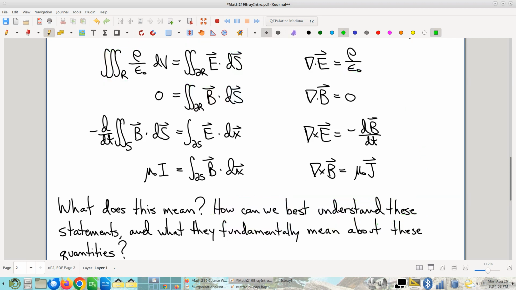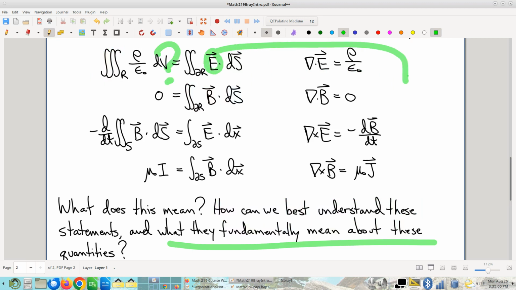And then furthermore, how does this statement help me understand electric fields? Well, it turns out that there are some really valuable points of view that you can take because of this statement, you can draw powerful conclusions about the nature of electric fields.